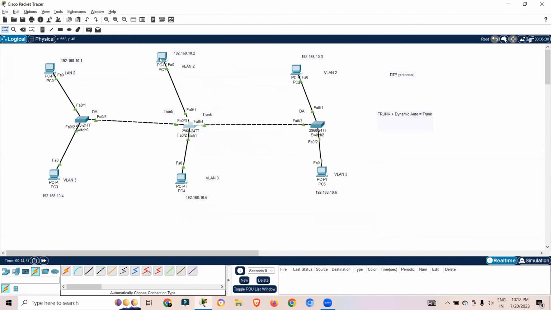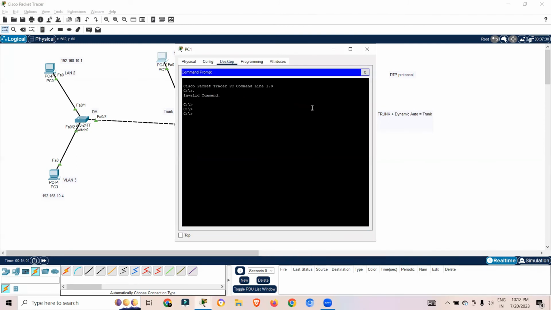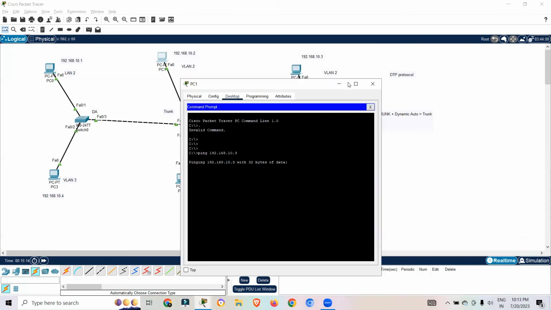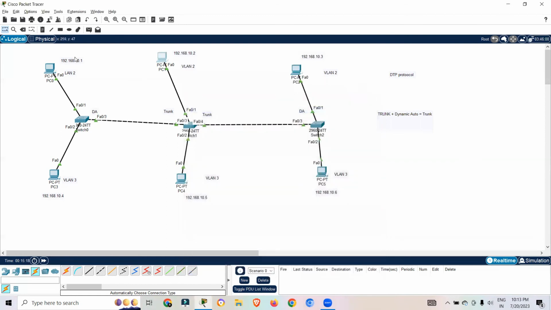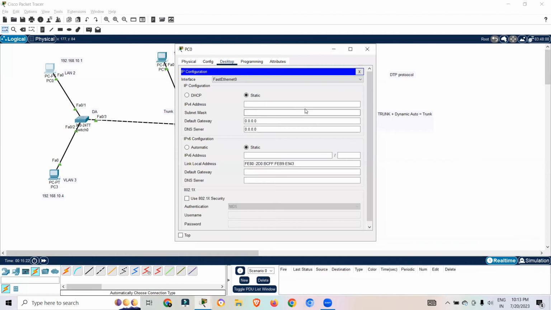Let me try some ping commands. Ping 192.168.10.3. Is this working or not? Let me check. I think we haven't given the IP addresses till now, right? Let's give the IP addresses also.